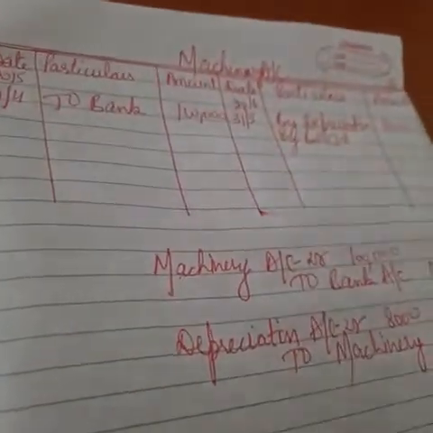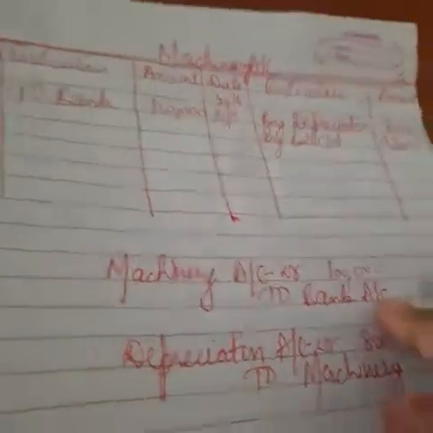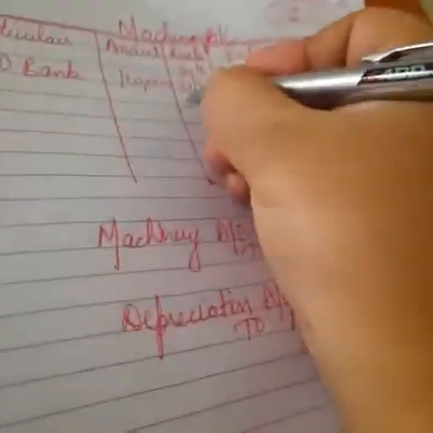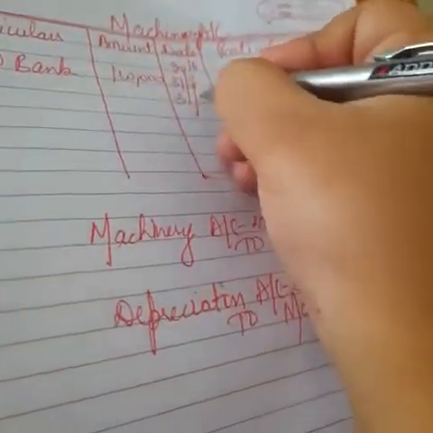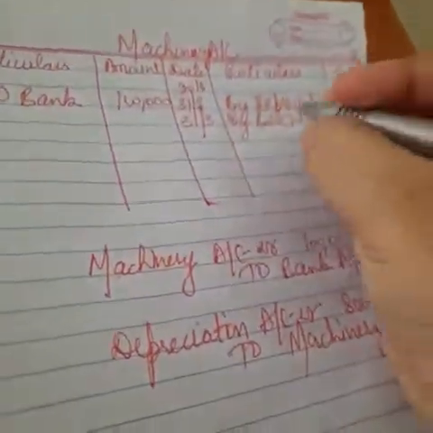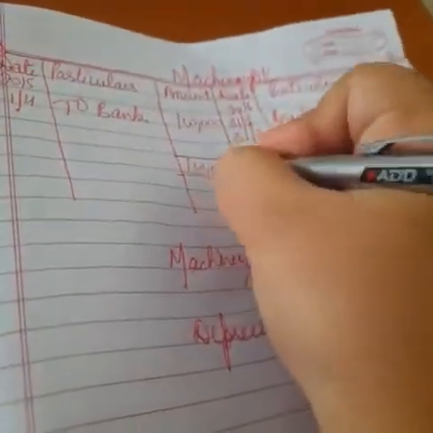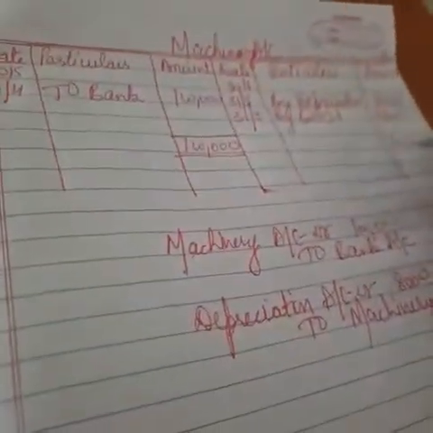Then it's 1 lakh minus 8,000. It's 92,000. Right? So same on last day of the year, accounting year, we will write it 31st March by balance carried down. Now we have to balance the both sides. It is 1 lakh. Then we have to close this.